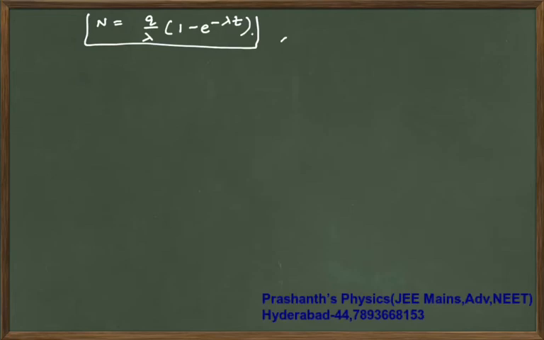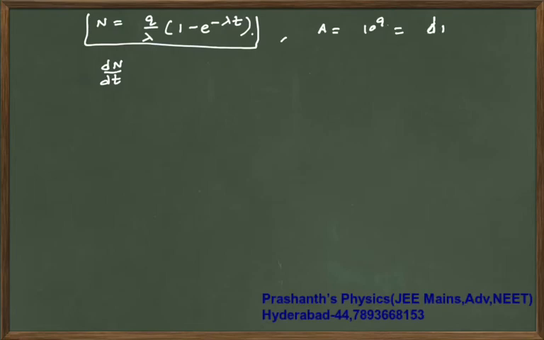From this you get your activity relation. It is 10 power 9 disintegrations per second, and dN by dt is your activity.